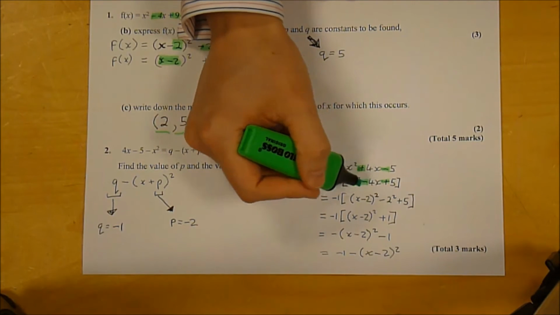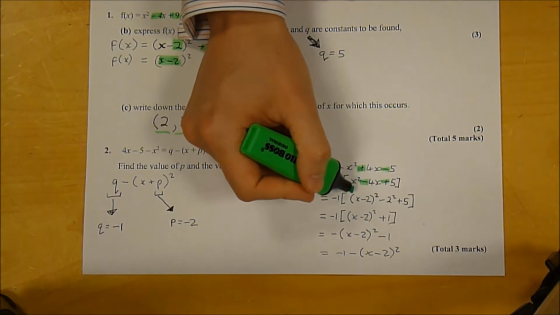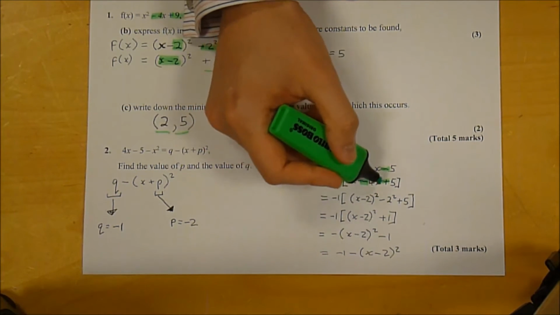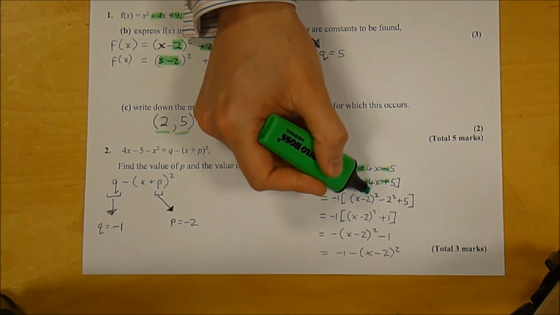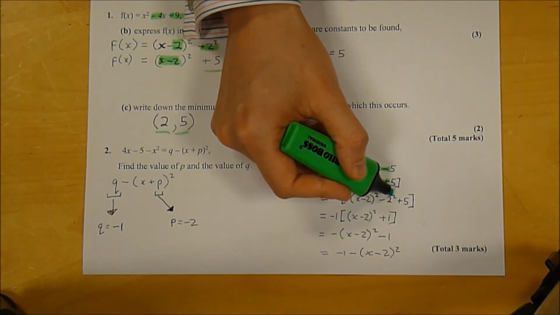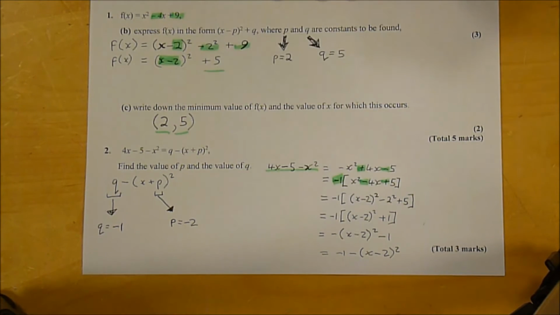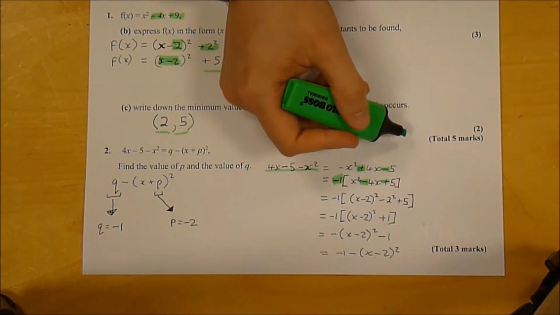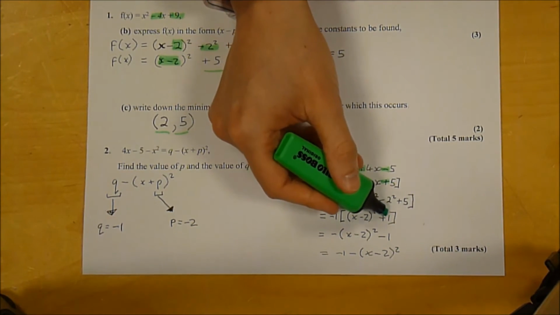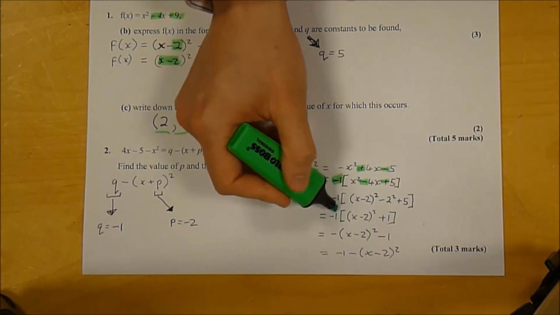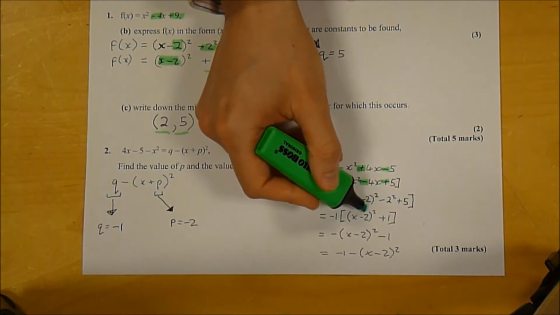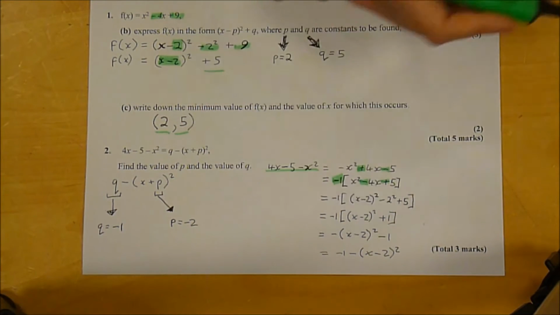Half of the -4 is -2, so it's (x - 2)², minus the 2 squared, because we square whatever we've put there and take it away, plus 5, because we've got the 5 there. That simplifies down to +1. So I've got -1 out here still, (x - 2)² + 1.